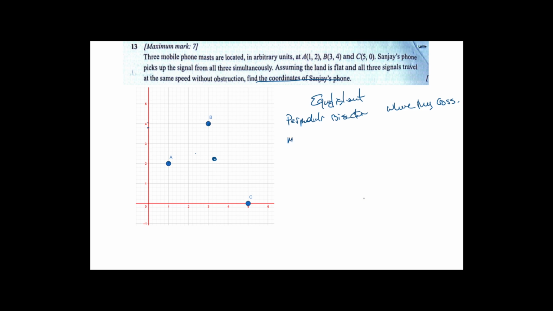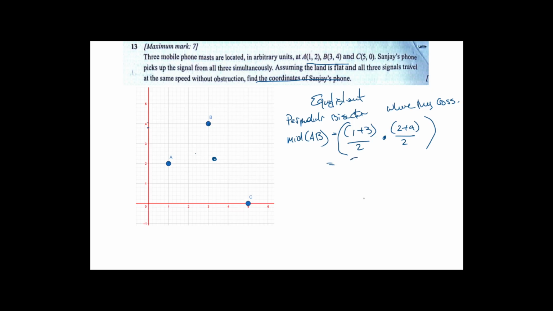AB. Let's find the midpoint of AB. Midpoint AB is going to be 1 plus 3 over 2, all in one bracket, and then comma, then the y numbers, 2 plus 4 over 2.